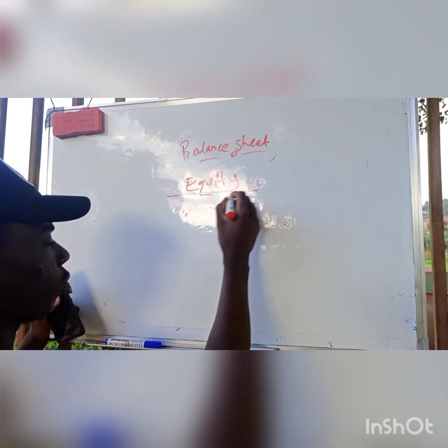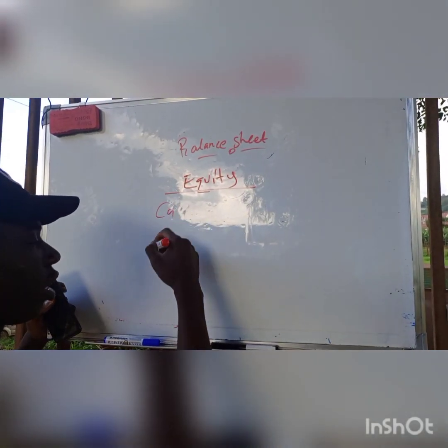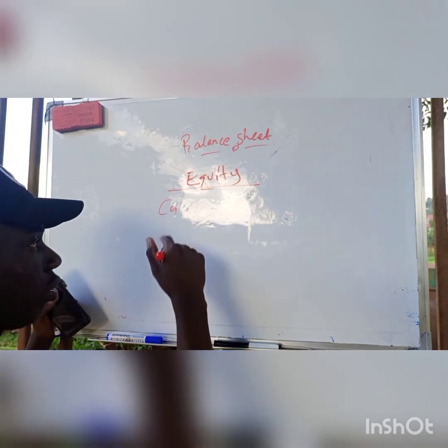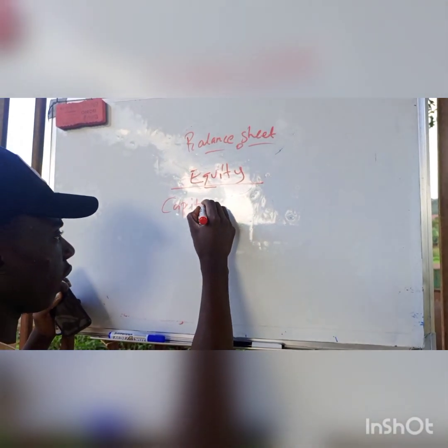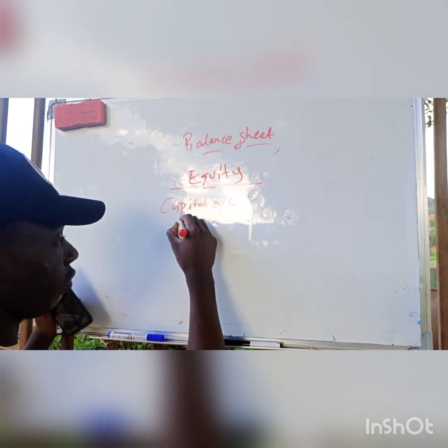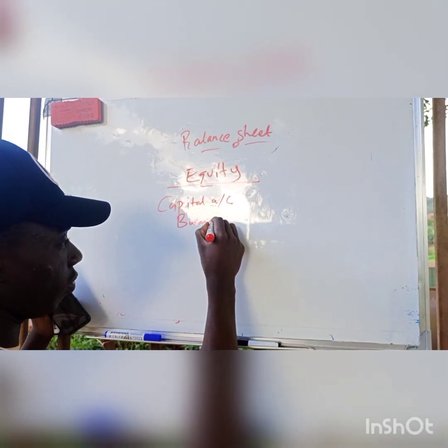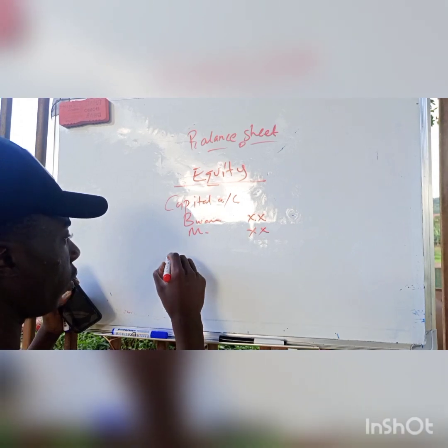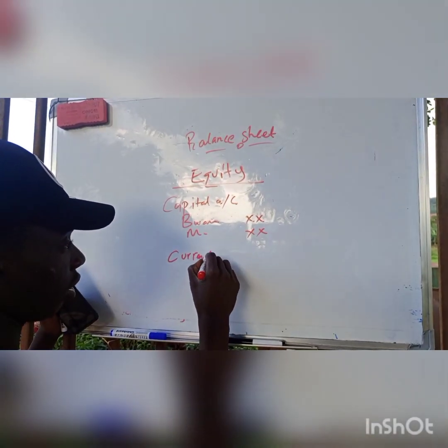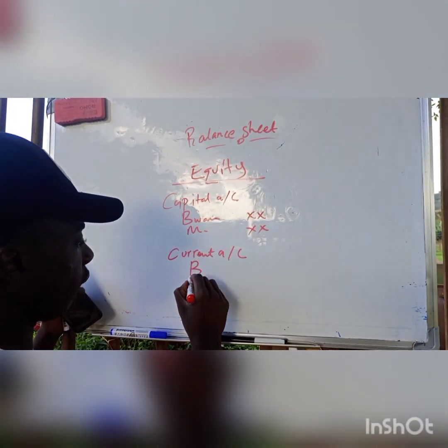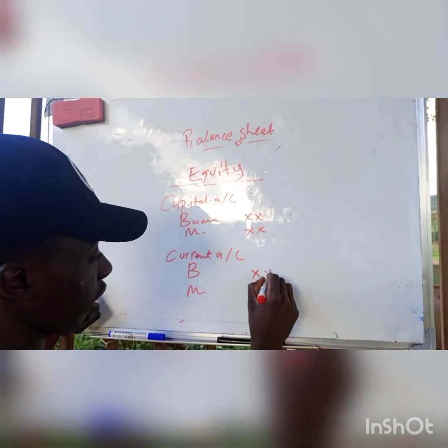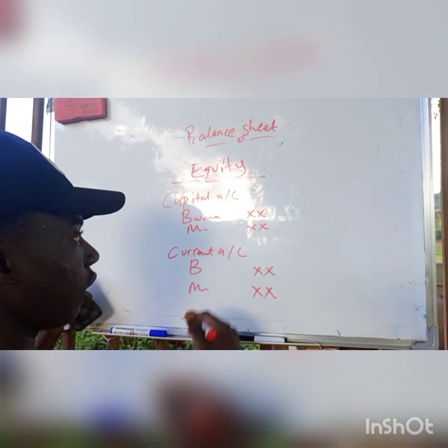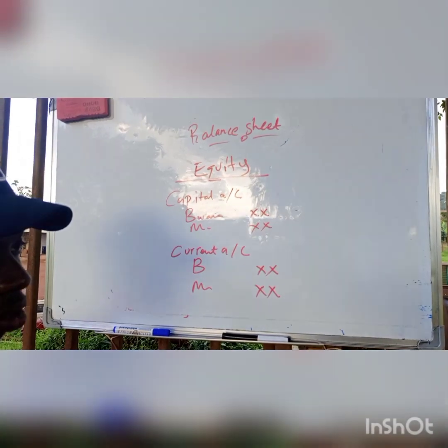We don't recognize drawings or net profit, but here we only recognize the balances of the capital account, which were given for Bwambale and Masereka respectively. So you have those balances in the trial balance. Then for the current account, we have gotten new balances. Current account for Bwambale and Masereka respectively, we have gotten new balances. Those closing balances are what we record in our balance sheet. But other things are the same contents of the balance sheet.